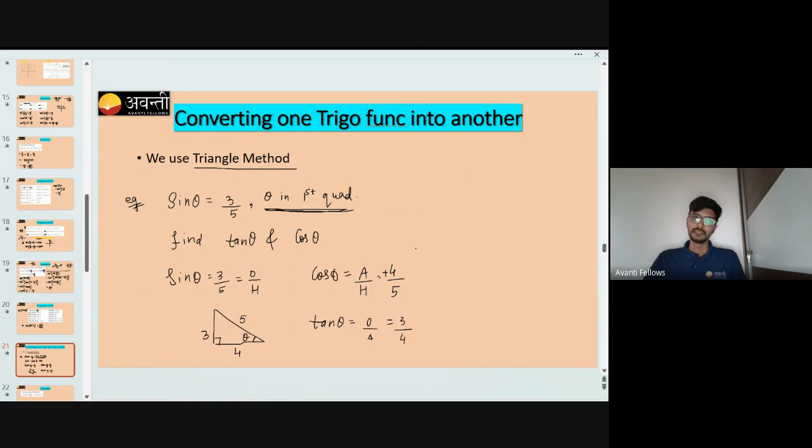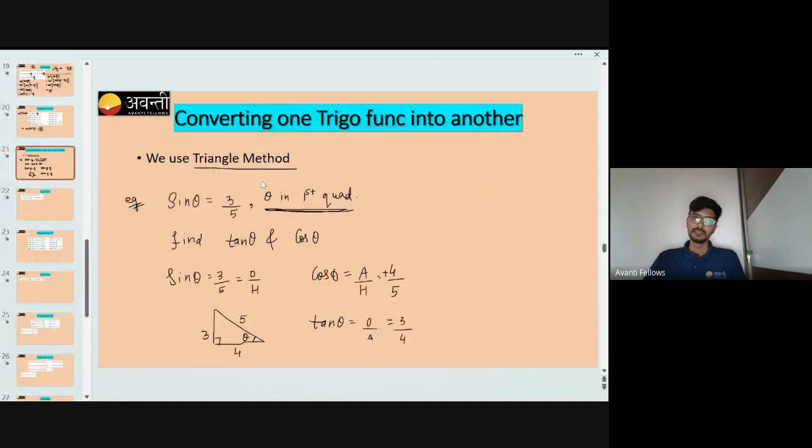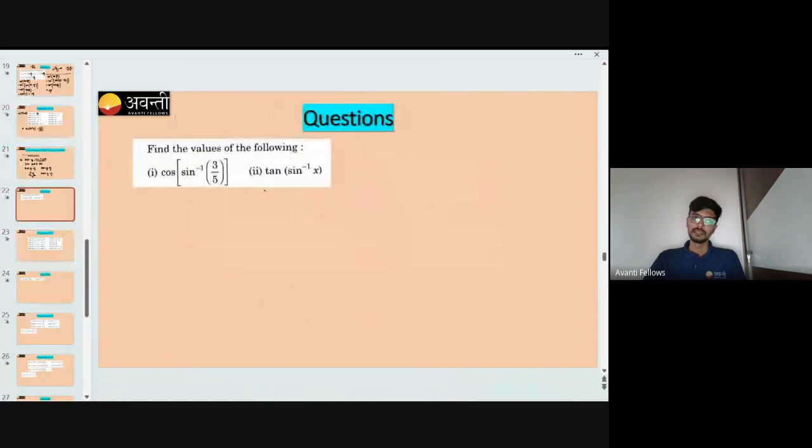Triangle banao, answer pao is one of my favorite methods because it solves many questions. So let us take a question based on this method along with property 2. Let me give you the next question, which is this.